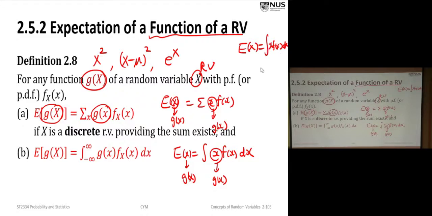Without the x, you get 1, because you integrate f and it has to be 1. So pay attention. Expectation of x, you have to do x times f of x, then do the sum or the integration. Expectation of g of x, a function of x, you take g of x times f of x, do the summation or the integration. So remember, you have to multiply g of x by the corresponding f of x. All right?